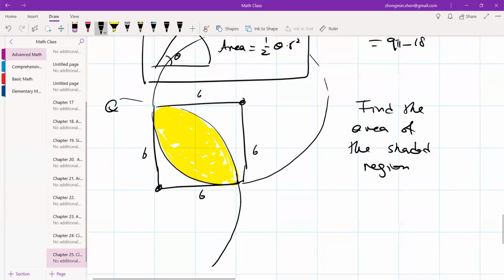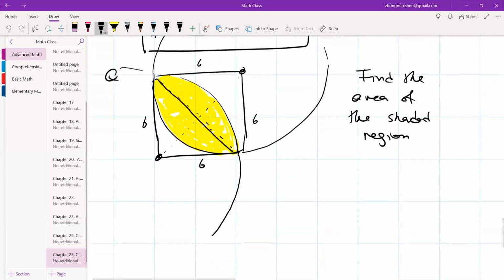Like this one, the diagonal, and another one like this. Those are two lines you can draw. But once you draw this, you immediately can see that, I already did it.